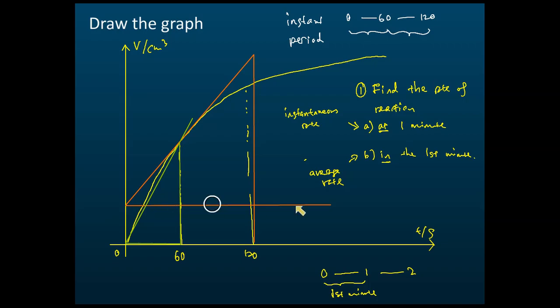For these 2 lines, you should draw a dotted line actually, dotted line to the vertical axis 60.